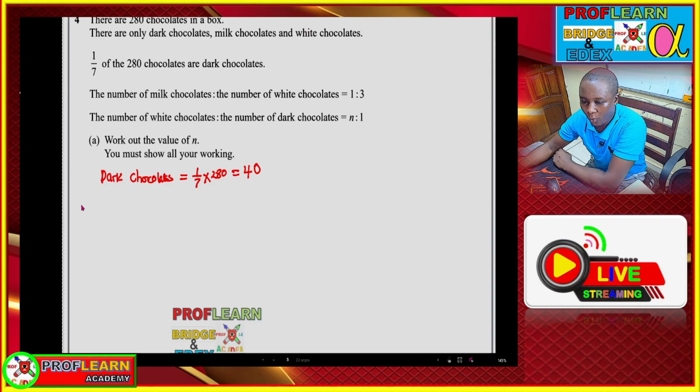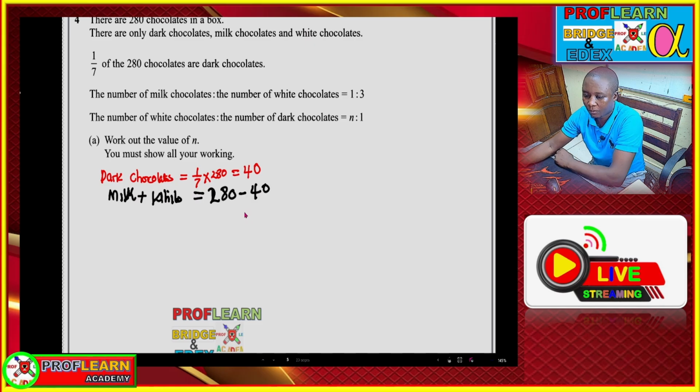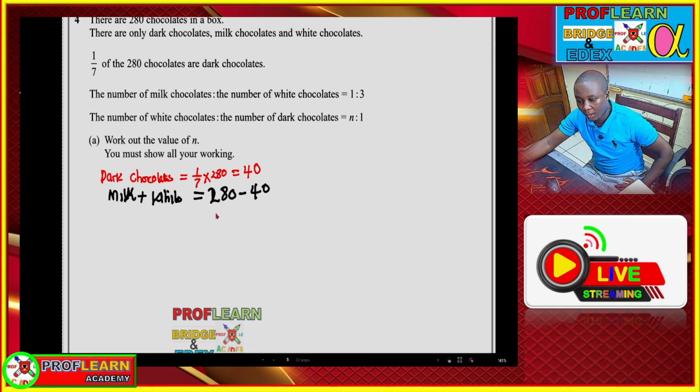So if we want to find milk and white chocolates, the total number of milk plus white chocolates is going to be 280 minus 40, which translates to 240 milk and white chocolates.